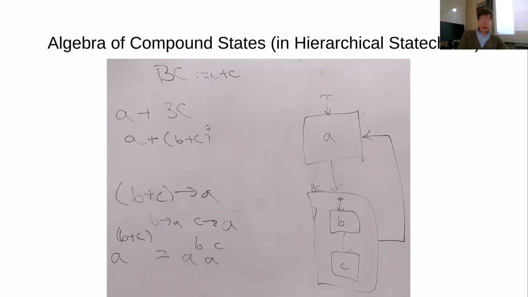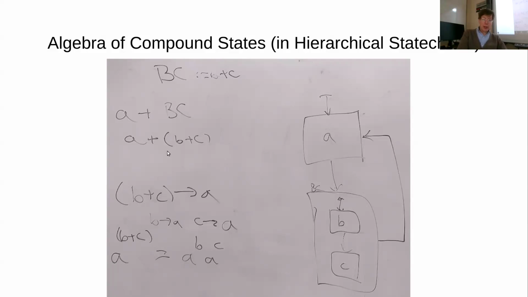The whole state chart could be expressed as A plus BC, like you're either in A or you're in state BC, but that could be further unpacked into A plus B plus C, because that's what this is. There's a kind of equational reasoning that comes in. We could say the state chart shows someone in A or in state BC, and that's true.